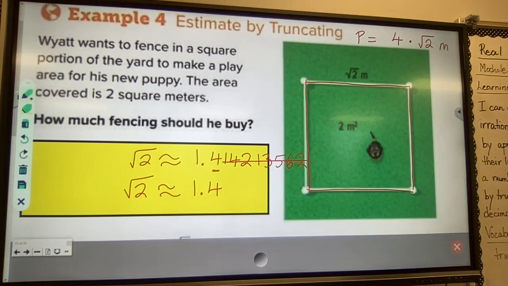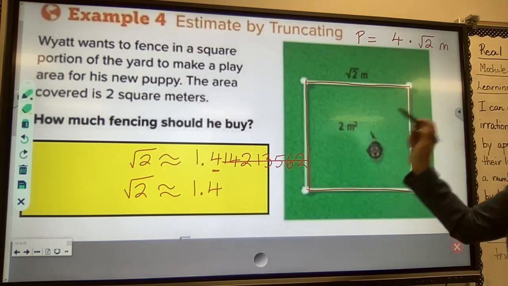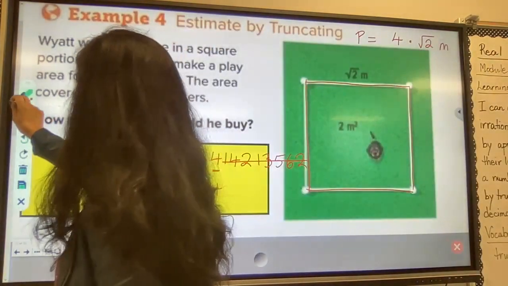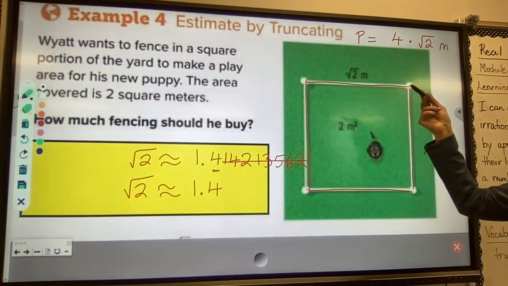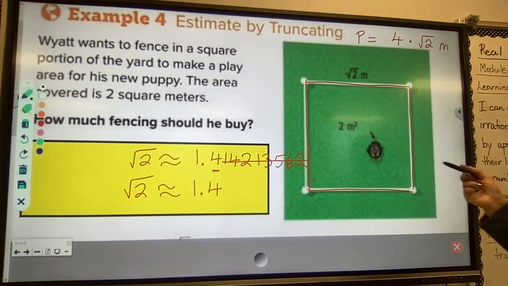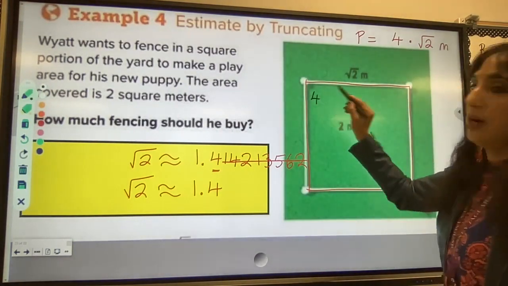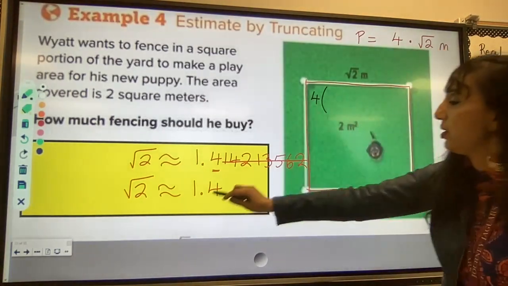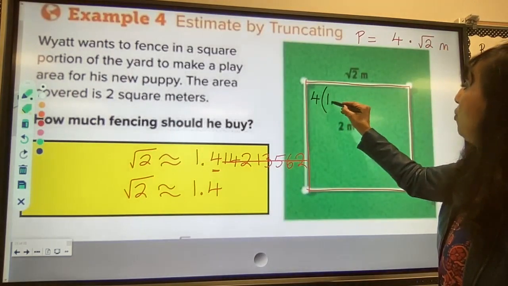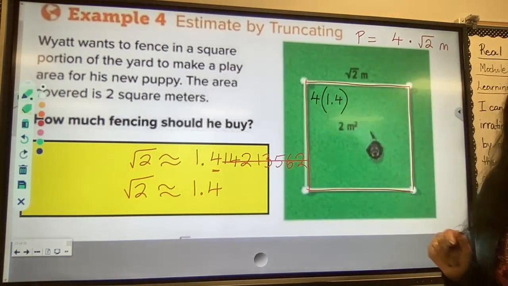So we are going to write the inequality. All right. So let me use a different color so you can see. All right. So I'm going to write the inequality over here. And I'm going to say that the perimeter, which is 4 times, and we said this was truncated to 1 and 4/10, right?